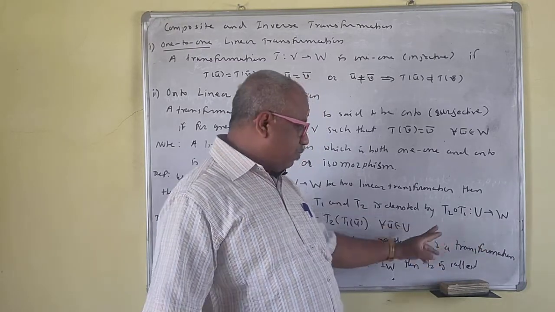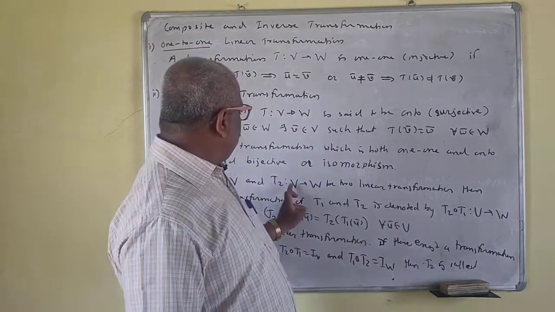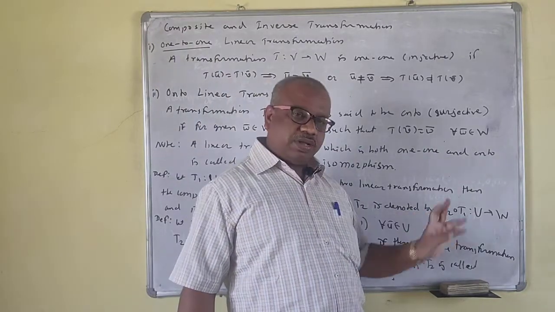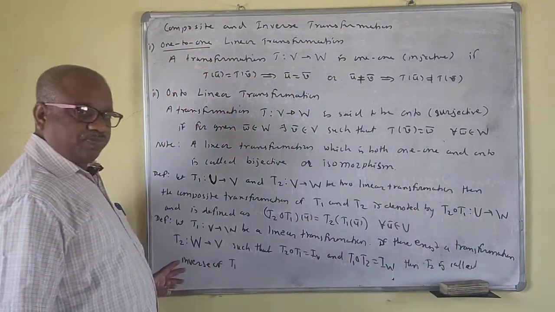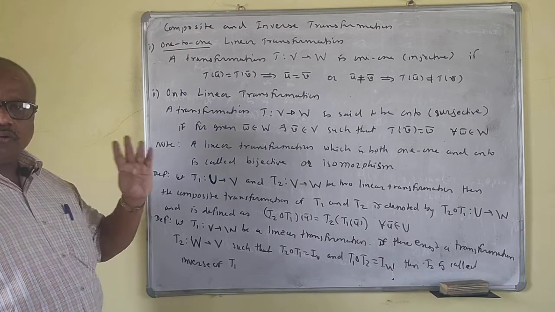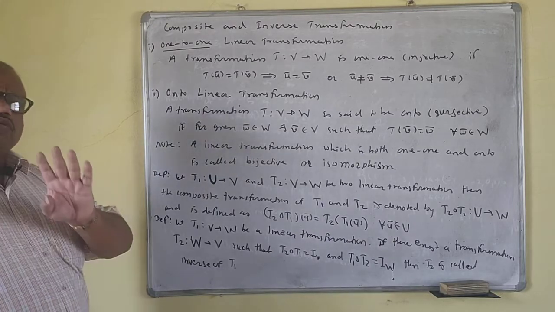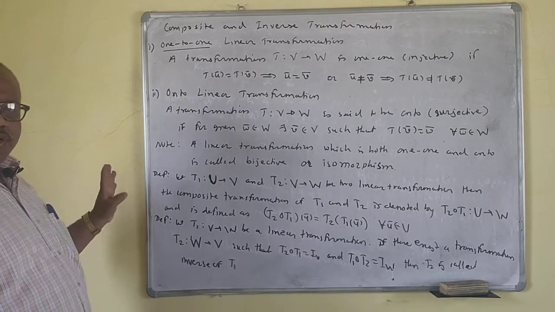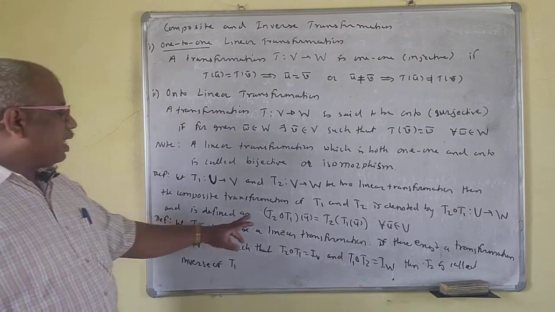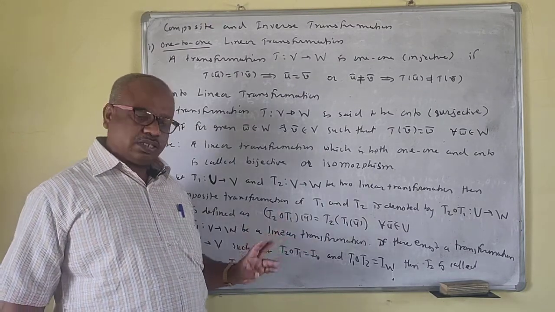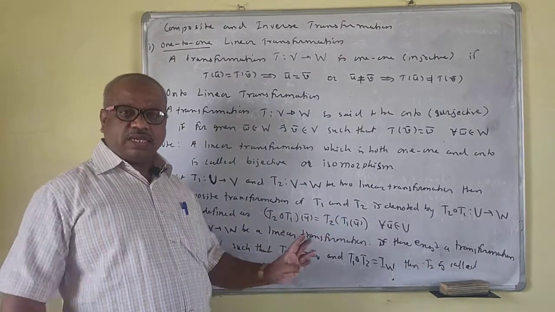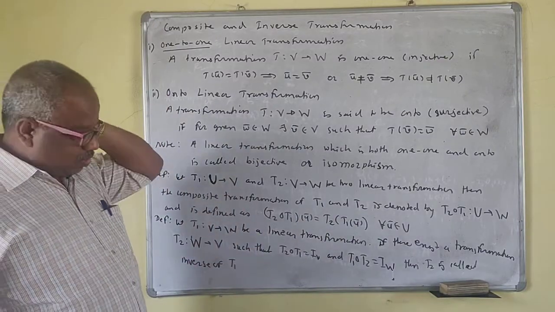This is the domain of T1, and W is the codomain of T2. So T2 compose T1 is from U to W. This is very important, the domain and codomain for the composition. You are also familiar with composition of functions, and we are doing the same thing here. It is defined as T2 compose T1 of u bar equals T2 of T1 of u bar.